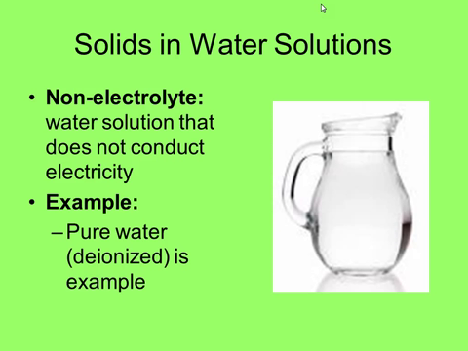What's the difference between pure water and non-pure water? Non-pure water has ions in it. Pure water has no ions in it. Just water. So most bottled water is pure? No, most bottled water is actually not pure water. It's water with some calcium. Pure water.